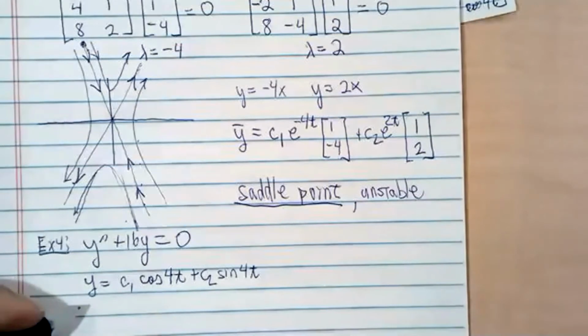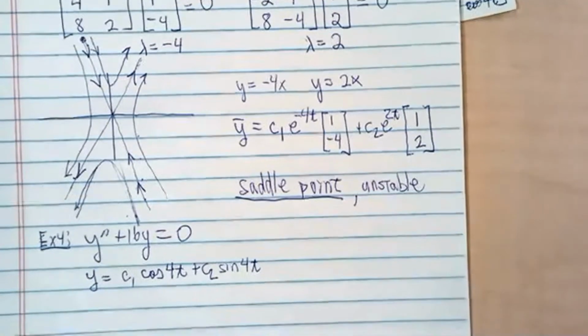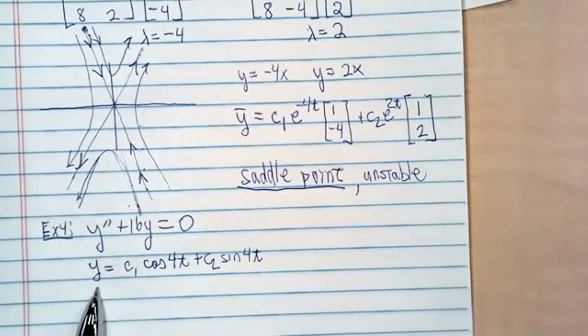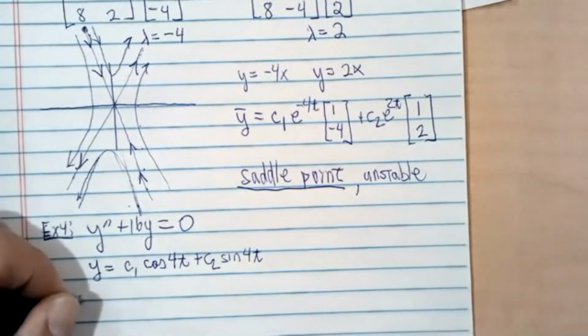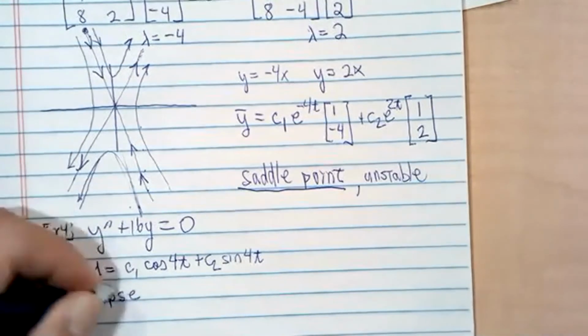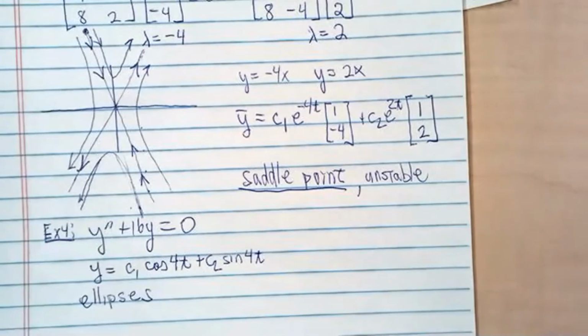Now, I did it in class. I carried this all out and eliminated the parameter, got this around to a single equation, and you can show with a little bit of algebra that these solutions are going to be ellipses.